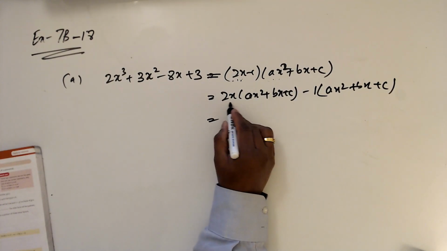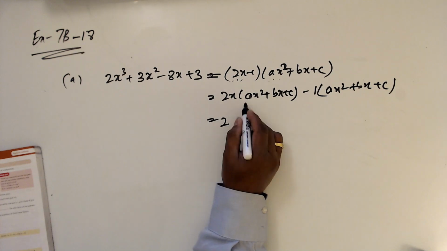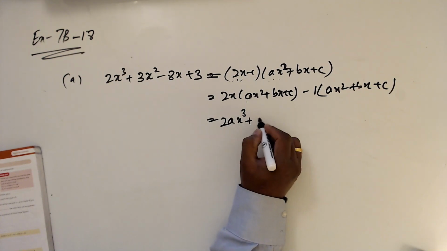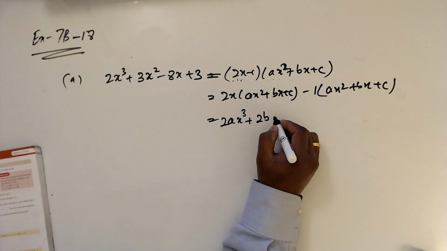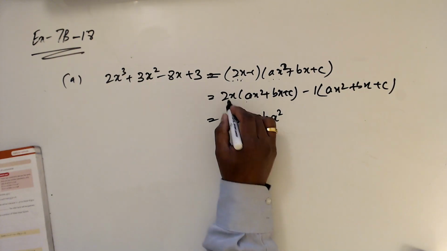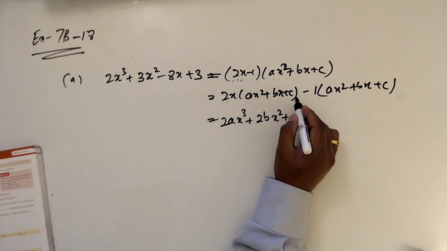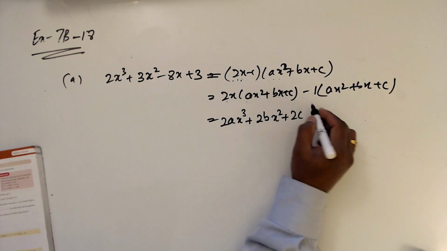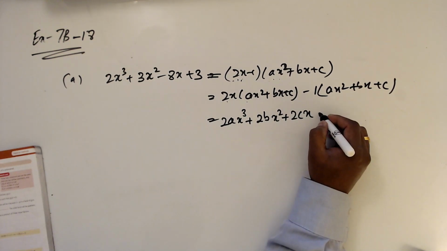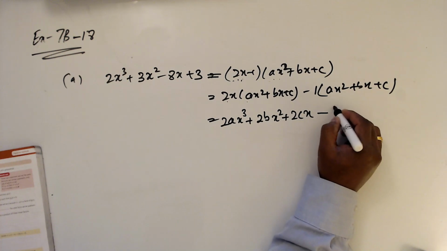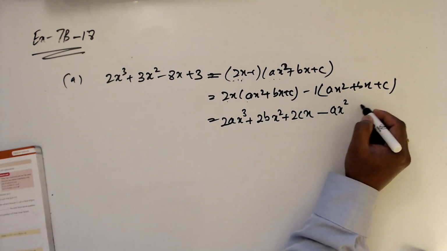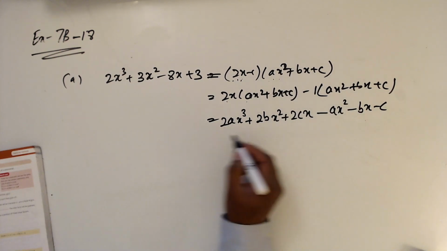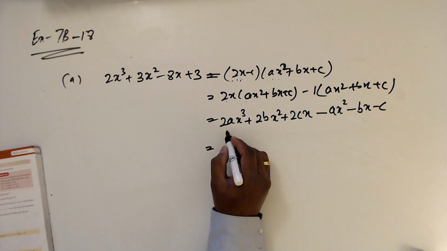Then this is going to be 2ax cube, 2bx square, and 2cx. Then minus ax square minus bx minus c.